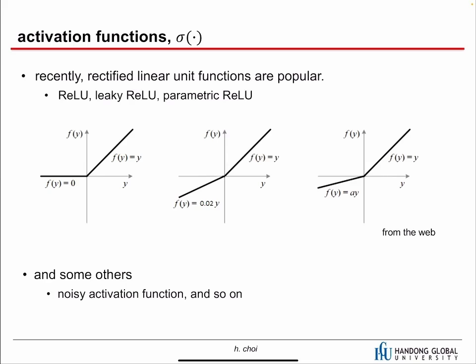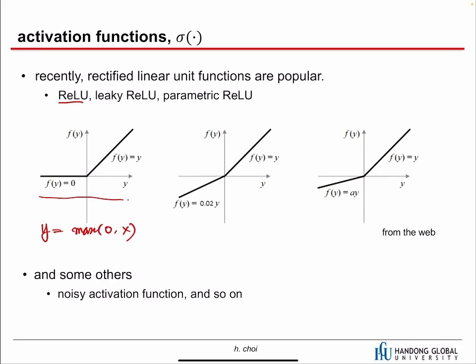And then recently, rectified linear unit functions are more popular. So ReLU is this one. And the implementation of ReLU is really simple. Y is max of 0 and x. When x is negative, then y will be 0. And when x is positive, y will be x.